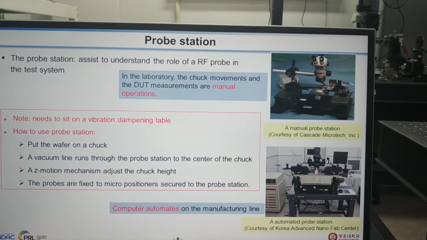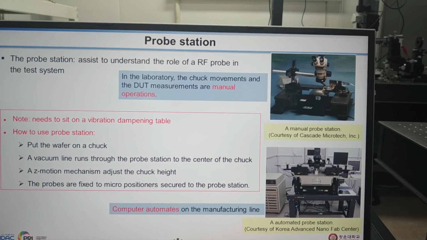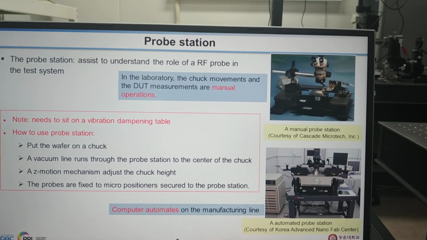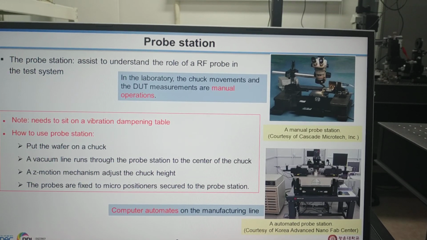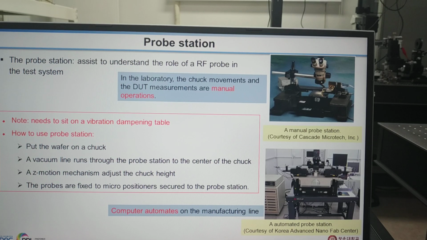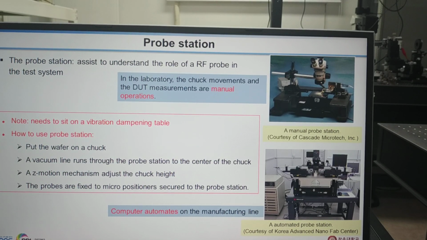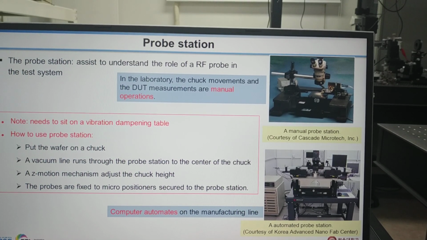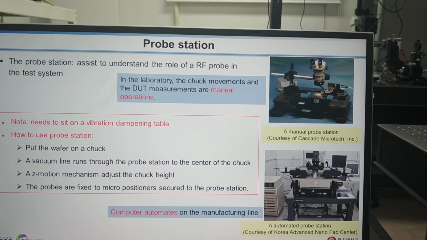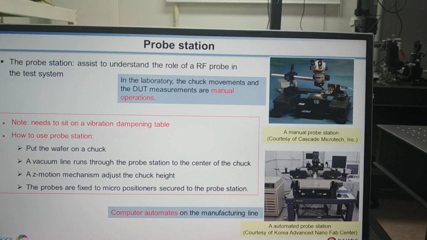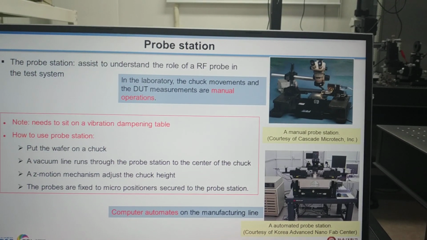The motion adjusts the chuck height, and lastly the probes are fixed to the micro positioners, connecting the circuit to the prober station.